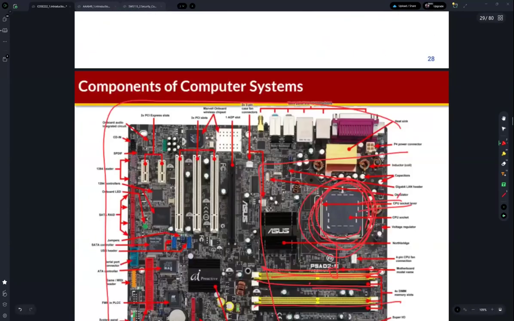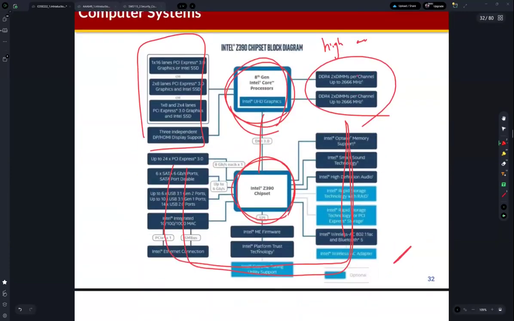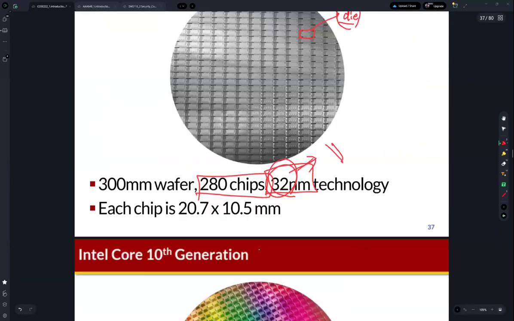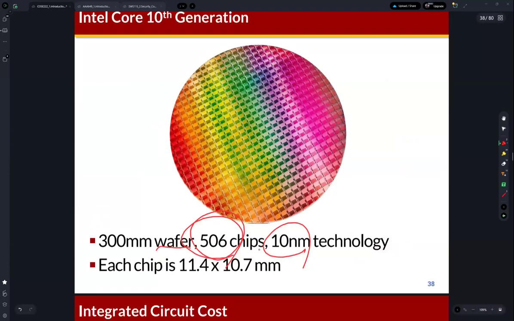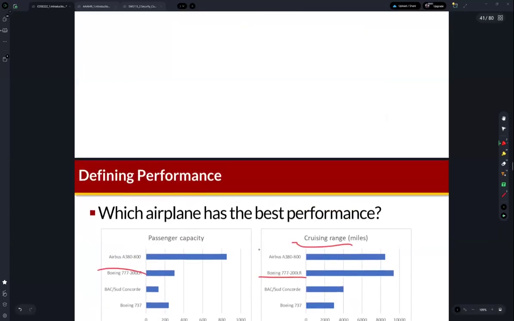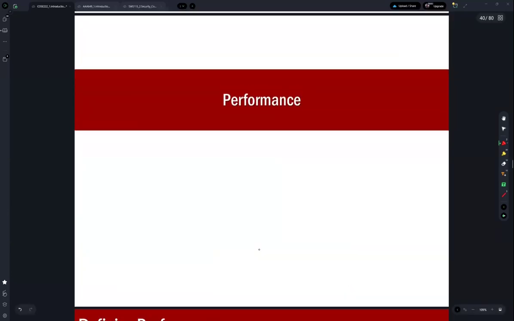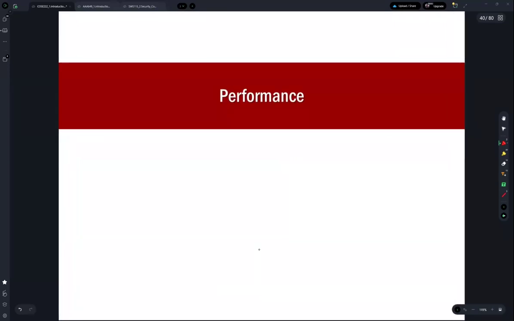Okay, so then I briefly explained the organization of a computer system and the technology below our computer system, like semiconductor technology. As I mentioned, semiconductor technology is very critical, right? Because the performance and the cost of a computer system is usually determined by the semiconductor technology.